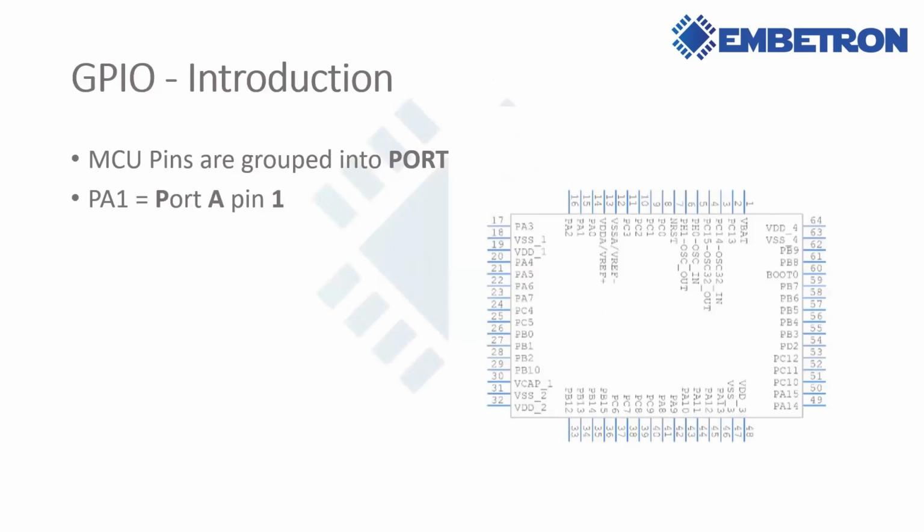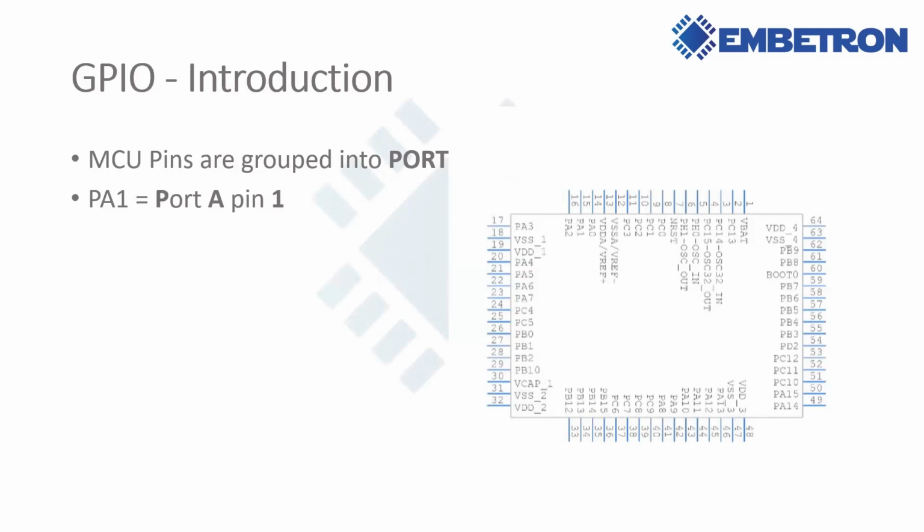Okay. So MCU pins are grouped into a port. So they call it a port, and the nomenclature for a particular pin is port, followed by which port it is, like port A, followed by the pin number, PA1. So it stands for port A pin 1.